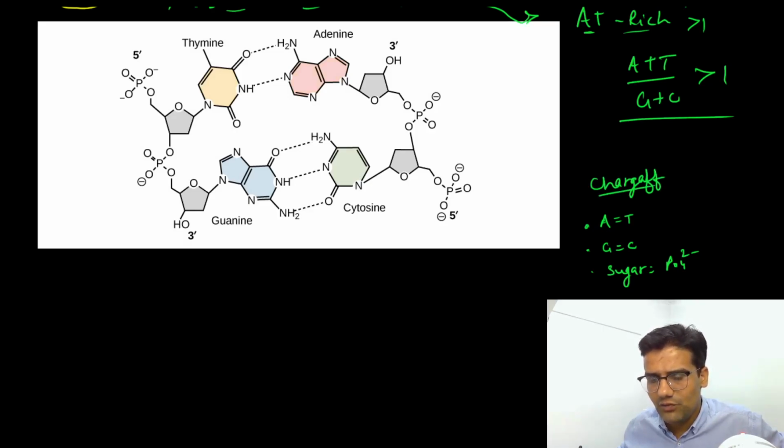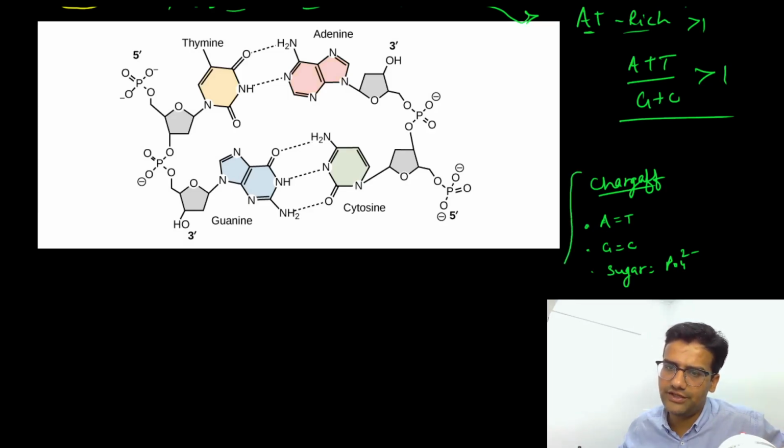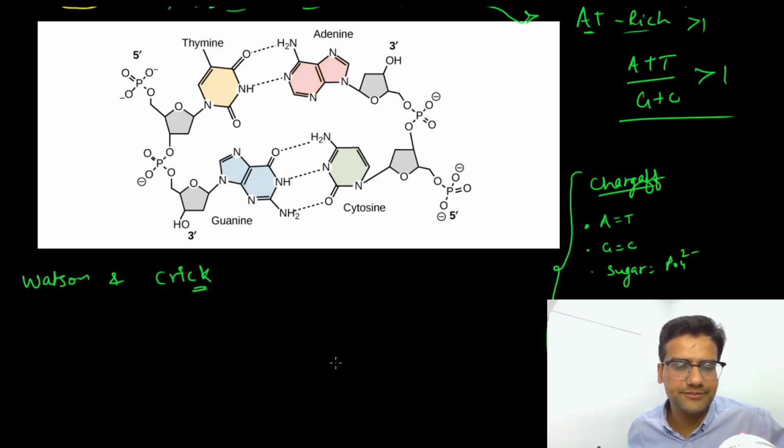And we know that DNA is a double helical structure. Its width is 20 angstrom and each turn of the DNA contains 10 bases, which is around 34 angstrom or 3.4 nanometer. So this information was already there when Watson and Crick started studying.